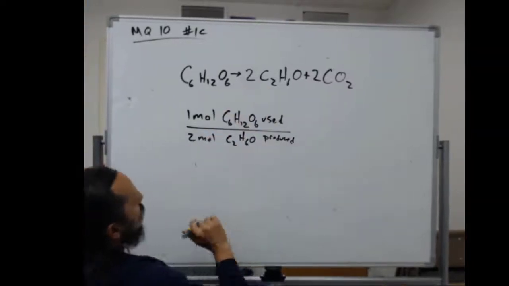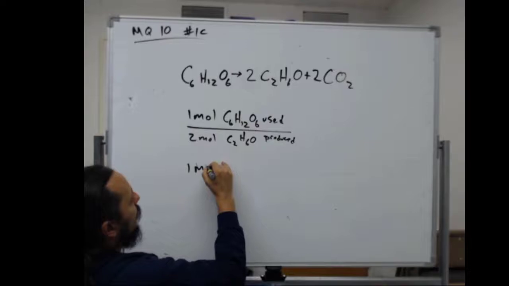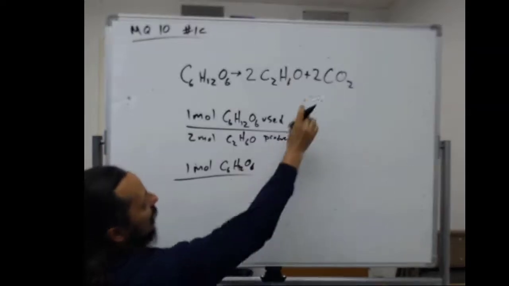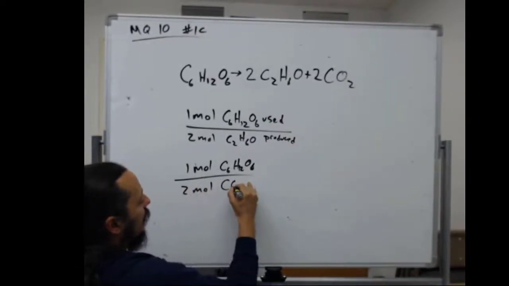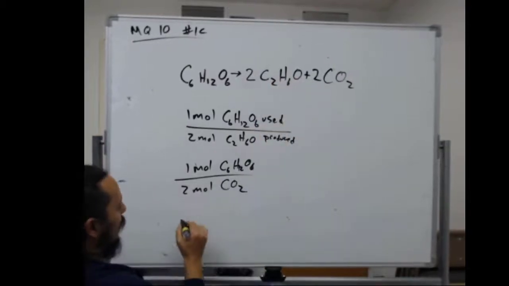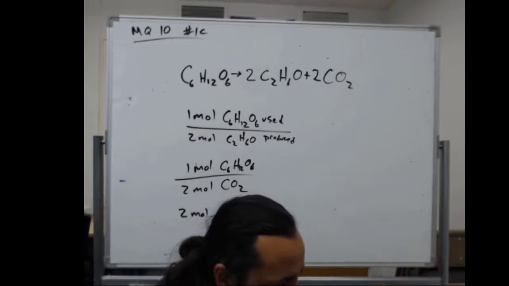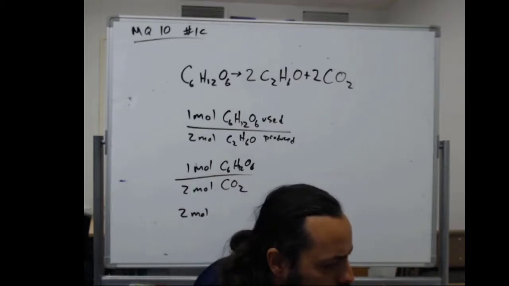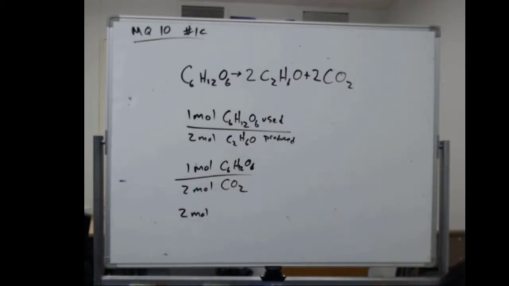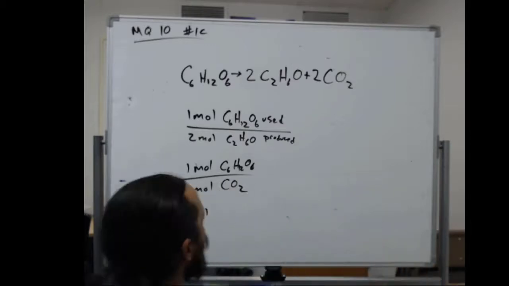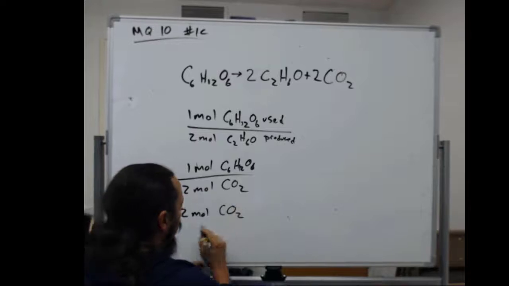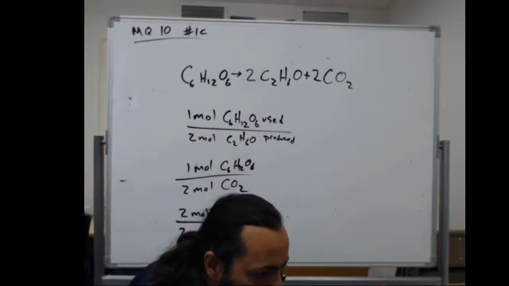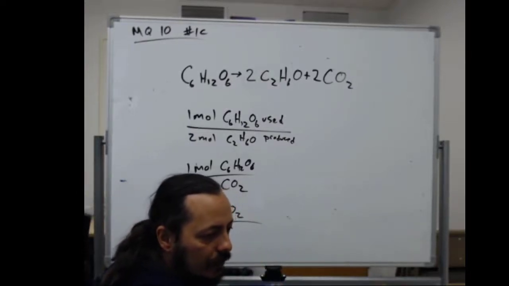I can say that 1 part, and I'm going to use moles because we're in chemistry, right? 1 part of C6H12O6 used will result in 2 parts, or 2 moles, of C2H6O produced. We usually use the words used and produced because the chemical reaction is already telling us this. So that's one of the ratios we can look at. We can also look at the fact that 1 mole of C6H12O6 is related to 2 moles CO2. Or we can look at the products related to each other: 2 moles of CO2 for 2 moles C2H6O.